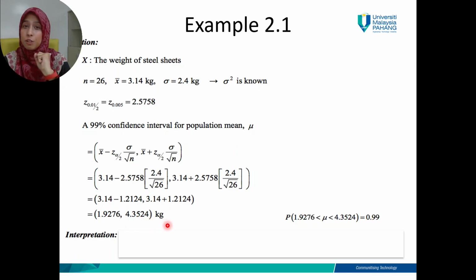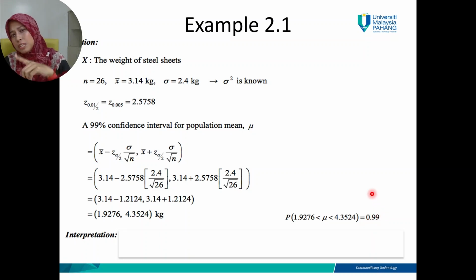This will give you the value 4.3524 kilogram. So this is the confidence interval that you can use to estimate the population mean of the weights of steel sheet in this question. So we can say that the probability of the population mean being within 1.9276 and 4.3524 kilogram is 99%.